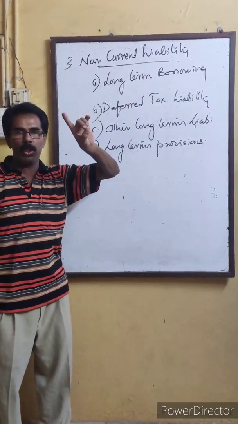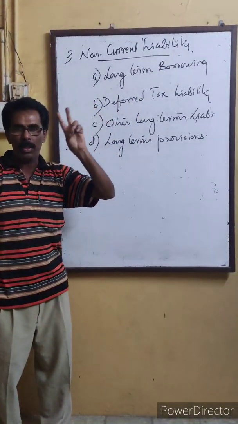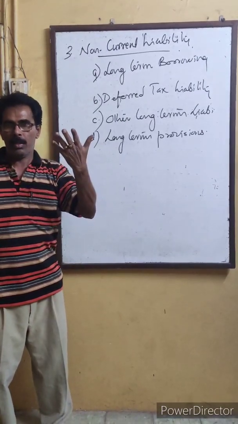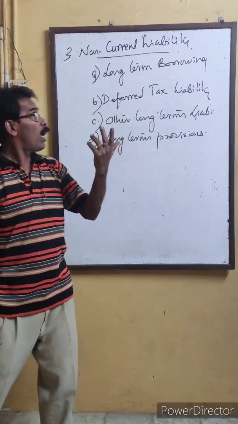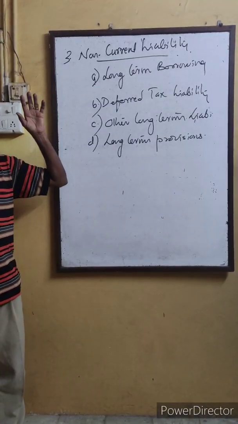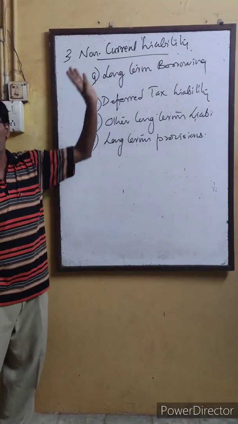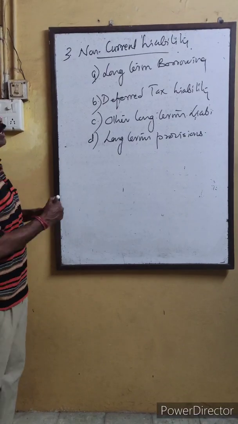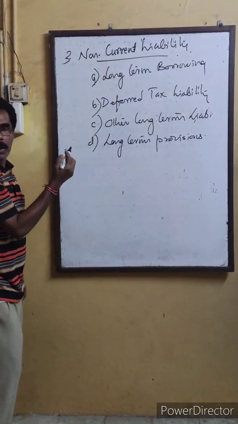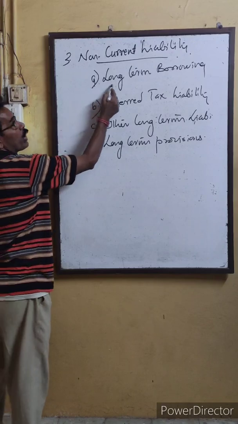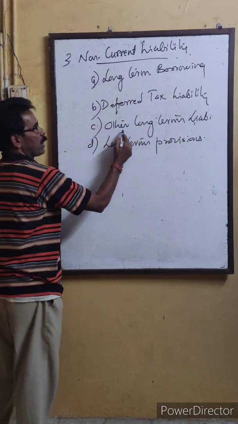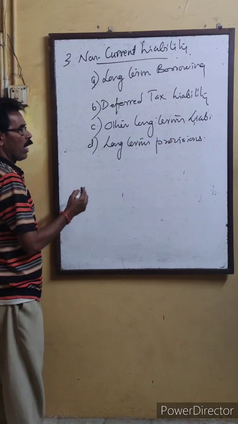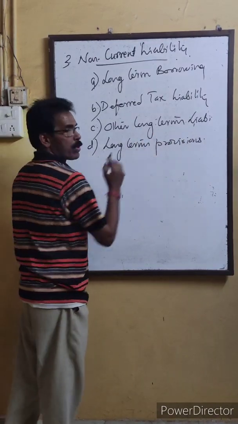So one main heading we have seen, shareholders fund. Under it, second we have seen reserves and surplus. Third one we have seen share warrants. And now non-current liability. I told you just now what non-current liability is. Under non-current liability, the subheadings are long-term borrowing, deferred tax liability, other long-term liability, and long-term provisions.